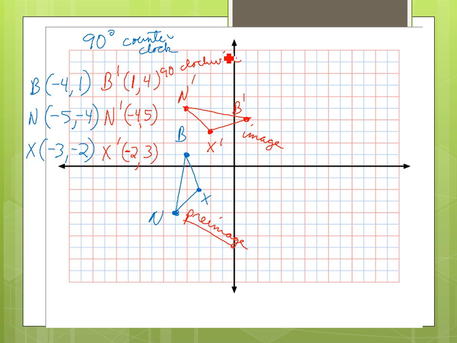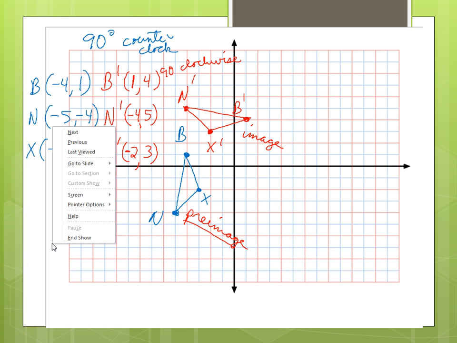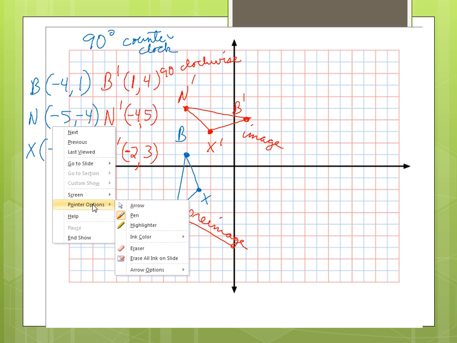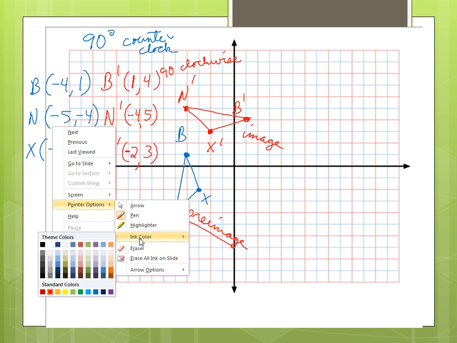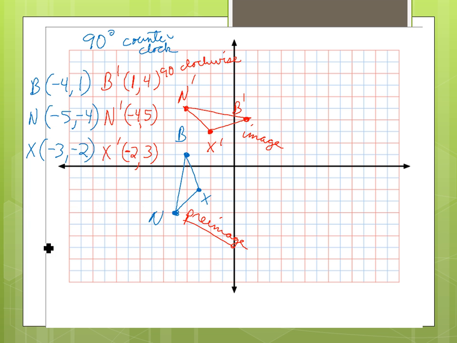So I did that one wrong, so let's go ahead and do one counterclockwise, and we'll call it double prime. Let's change our ink color. We'll go to black this time. So we'll go with B double prime, N double prime, and X double prime.